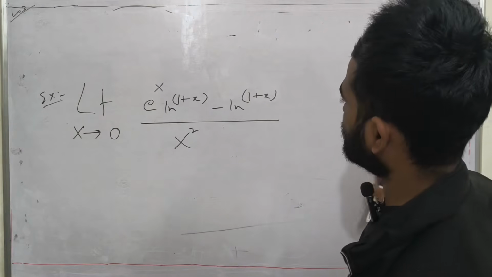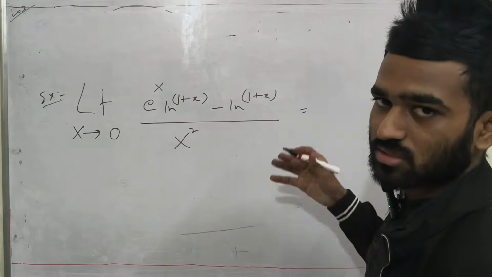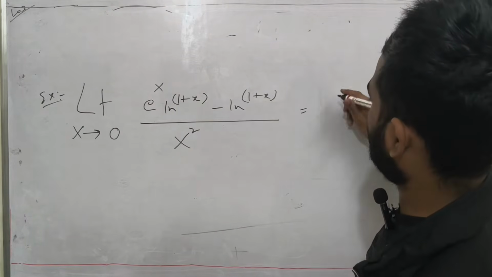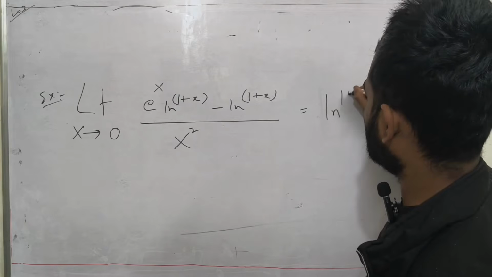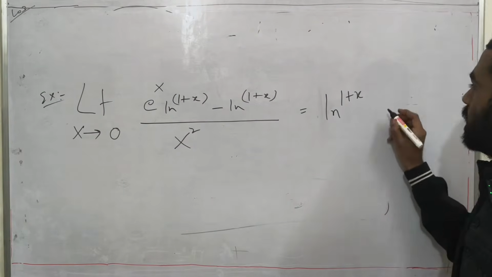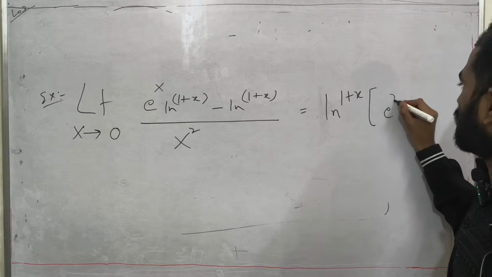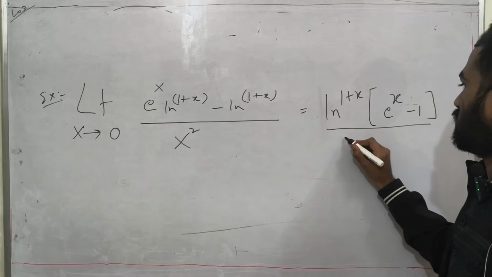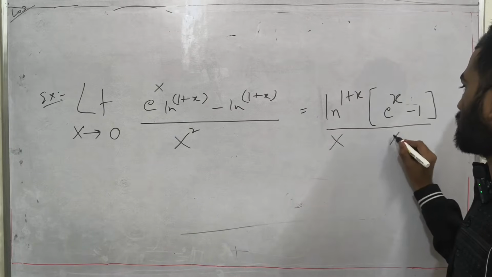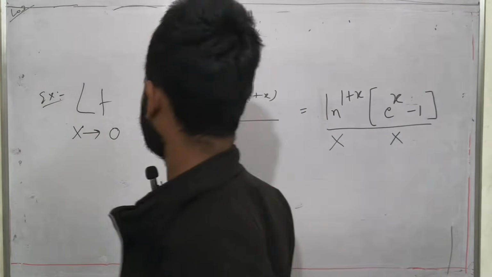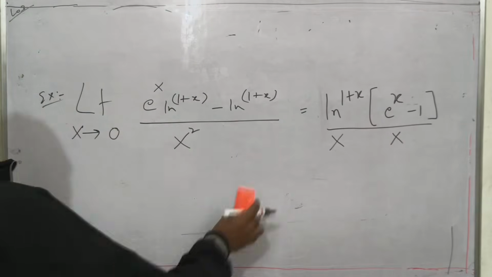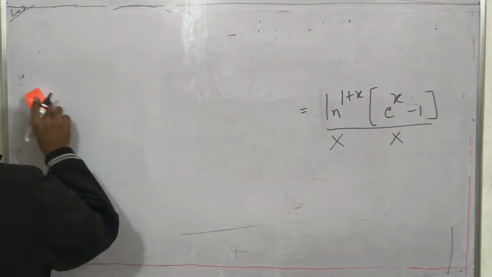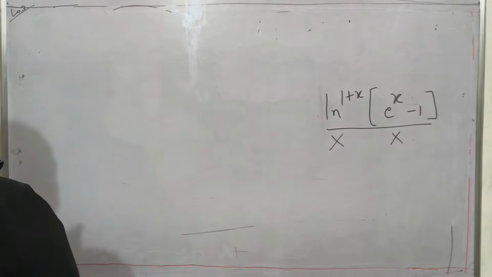Here we can separate, we can take common ln of 1 plus x. Okay, ln of 1 plus x, ठीक है, into e power x minus 1 by, I want to write x and x like this, x into x equals x square, ठीक है. Now what is our condition?